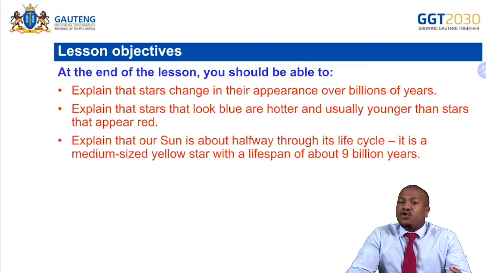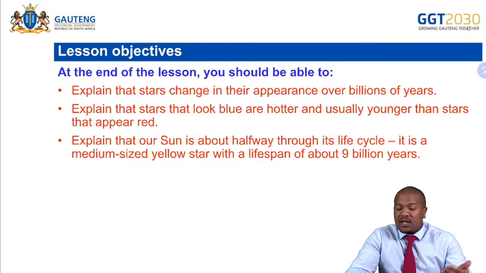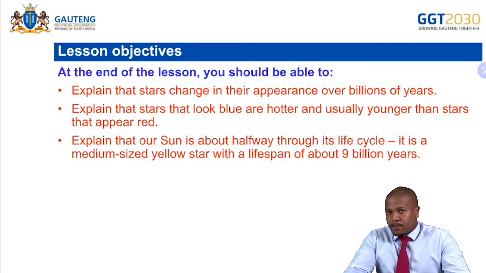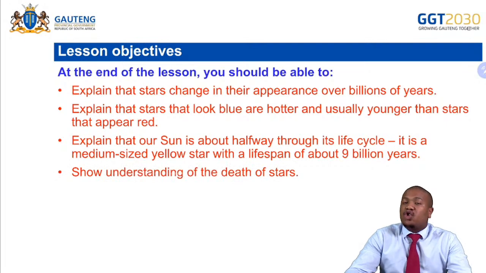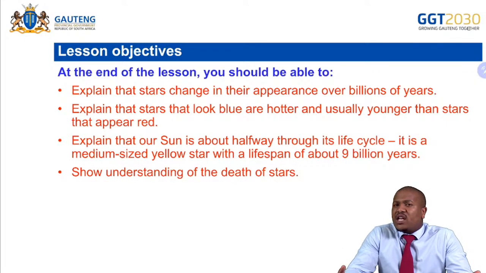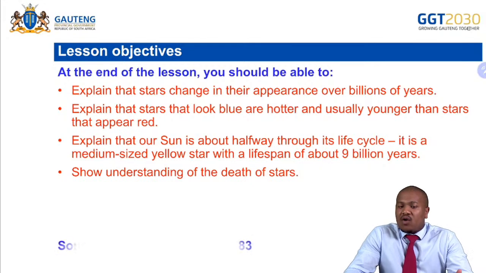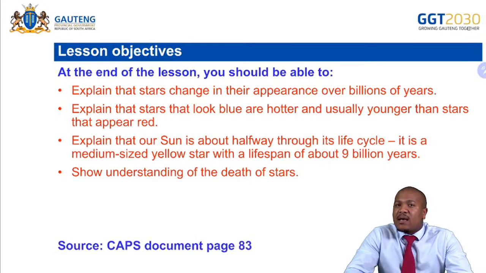Also, you need to explain that our sun is about halfway through its life cycle and is a medium-sized yellow star with a lifespan of about 9 billion years. Lastly, you need to show understanding of the death of stars. That's all you need to know after this lesson, and all this information is found in the CAPS document on page 83.